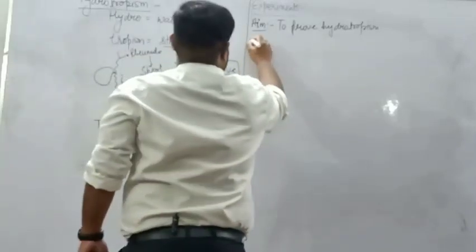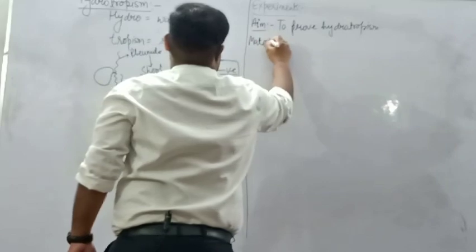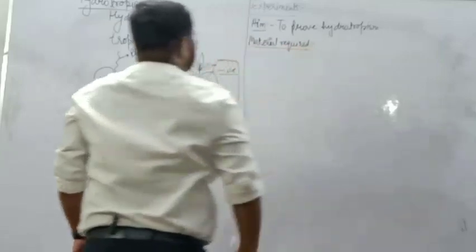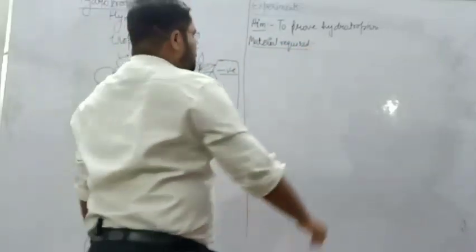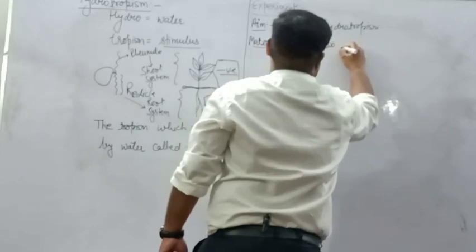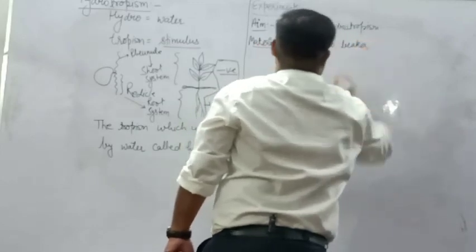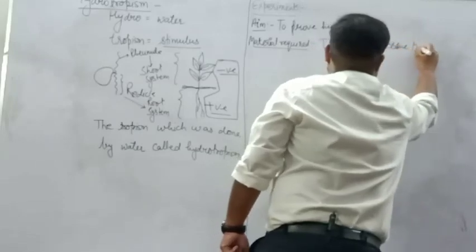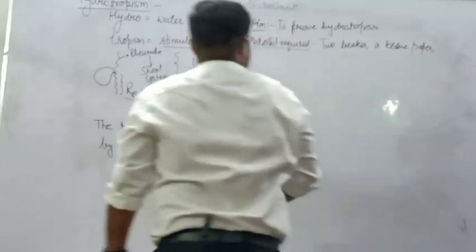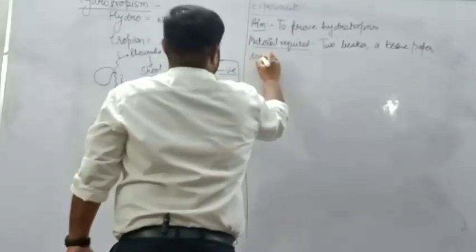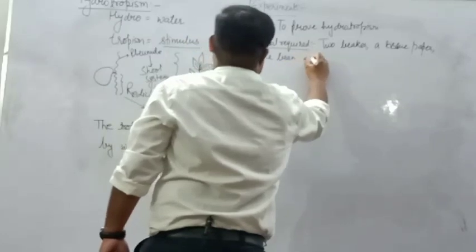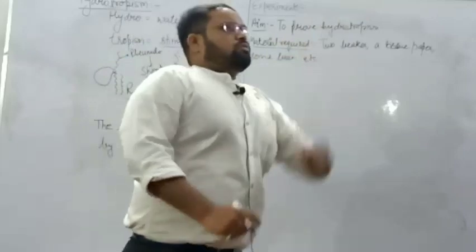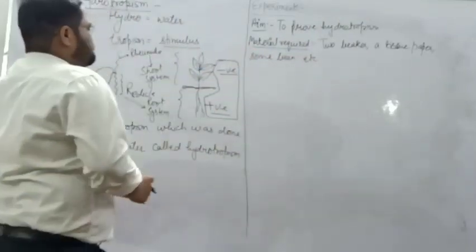Material required: now listen very carefully. 2 beakers, a tissue paper, some beans, etc. These are the materials required in this experiment.